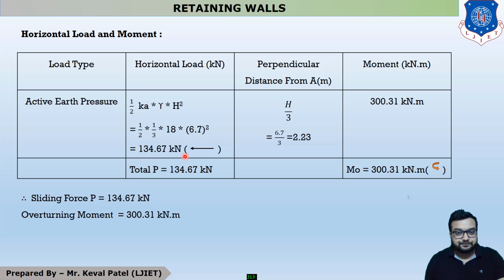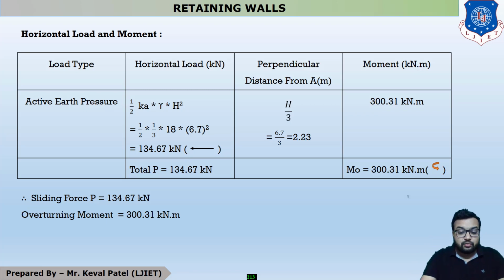So our answer is 134.67 kilonewton. Now, you all know that any force acts at the CG point. Our total height is 6.7 and the area is a triangle. What is the CG of a triangle? The CG of a triangle is h by 3 from the bottom and 2h by 3 at the upper portion.